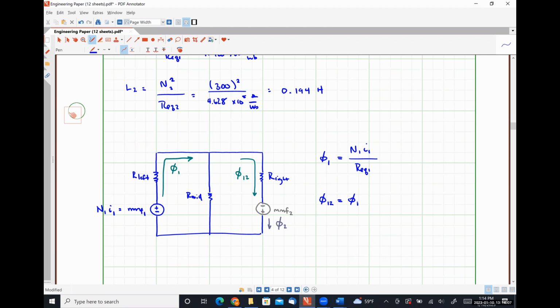Anybody remember? Current division tells me how much current splits off. If I have some amount of current flowing into a parallel network, I can figure out how much splits off and flows through each branch. I'm using it because I'm lazy and I don't want to do a bunch of math that I don't need to.